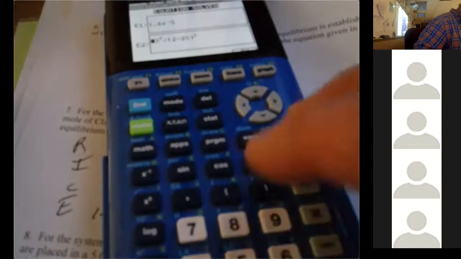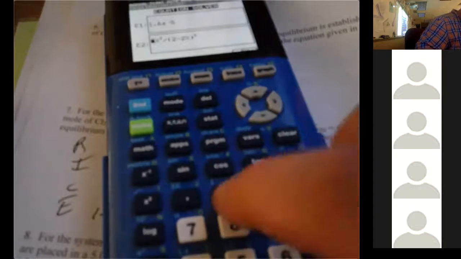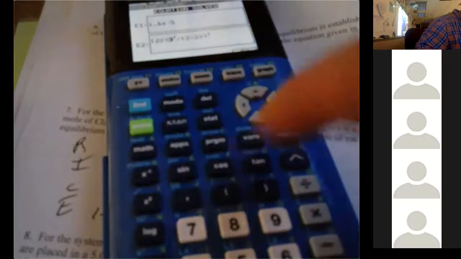Well, let's continue then. So we have here parentheses 2x squared. You have those parentheses closed? Yes. And then we have times 1 plus x.